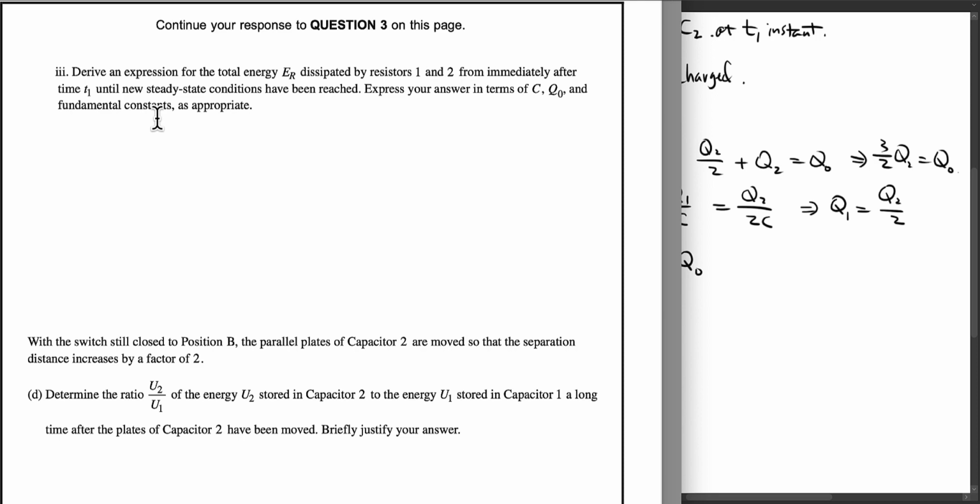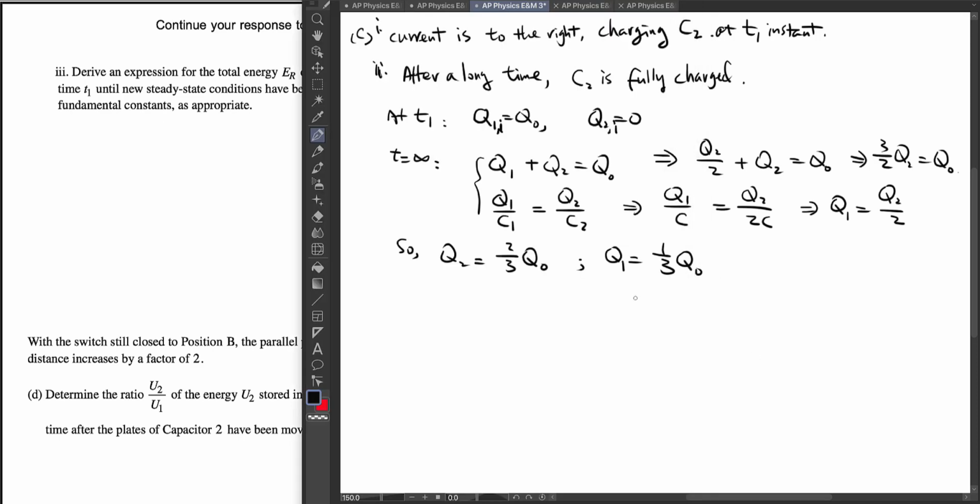So we know that the energy stored in the two capacitors, we can calculate these energies at time t1 and also at time t equals infinity, right, at these two instants. Then the difference between them would be the energy loss due to the resistors. So let's do that.